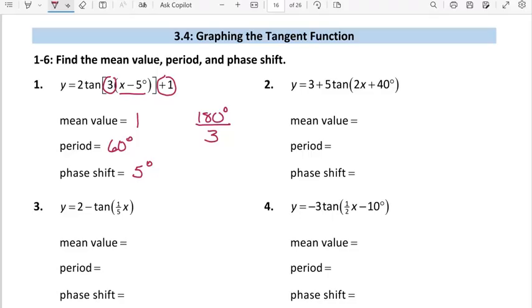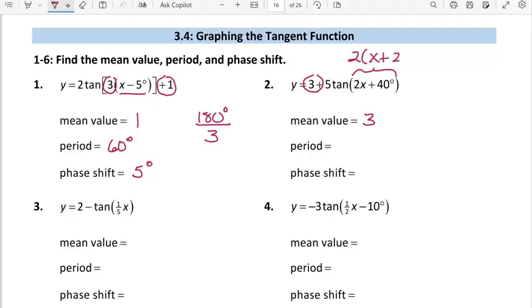In number 2, the mean value is our vertical shift. That's the amount that's being added to the tangent function, so that would be 3. And then the period would be 180 divided by the b value. However, before I begin, I may want to take this 2x plus 40 and factor it.